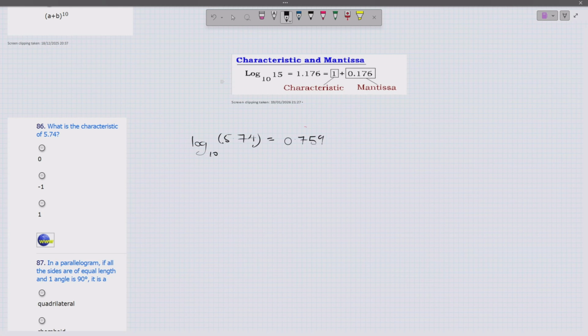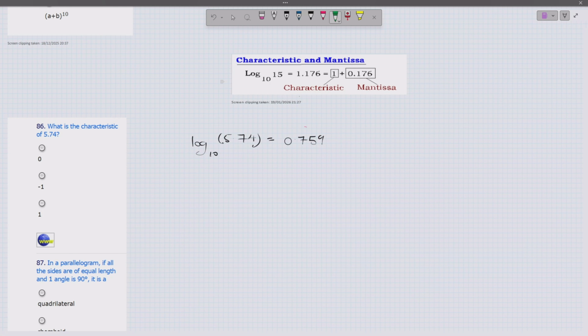From the example given here, if you have log base 10 of 15, you get 1.176, which equals 1 plus 0.176.